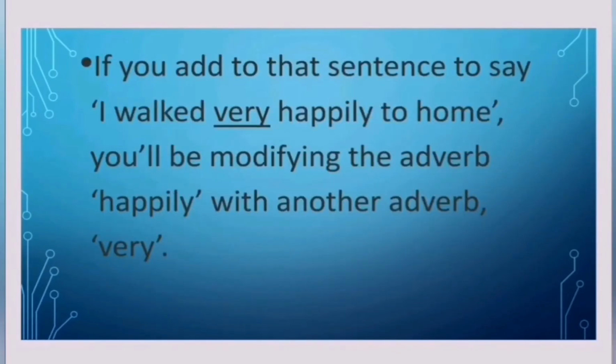If you add to that sentence to say I walked very happily to home, you will be modifying the adverb happily with another adverb, very.